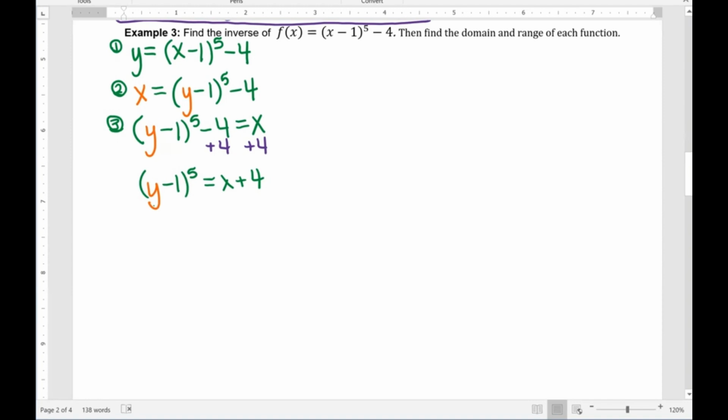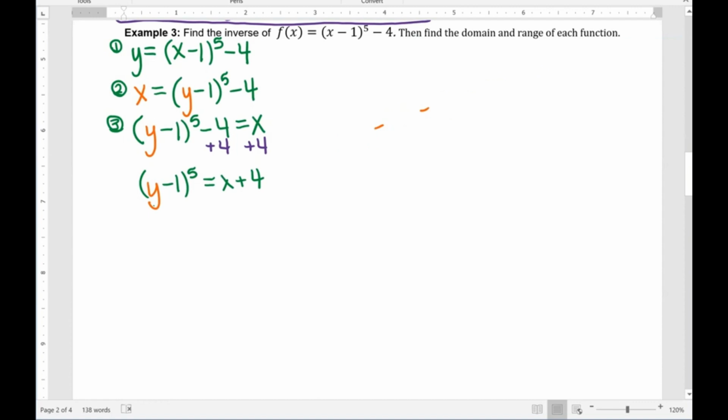We're not going to try to distribute the 5 as an exponent because this would not be y to the 5th minus 1. If we actually tried to do the algebra on this, you would take y minus 1 times itself 5 times, and you will get into an even bigger mess than if we just did our next step.